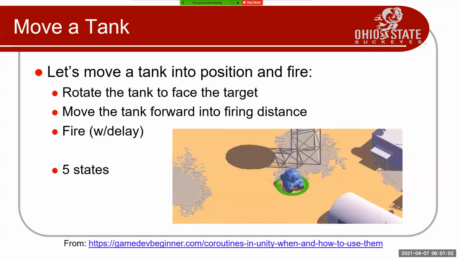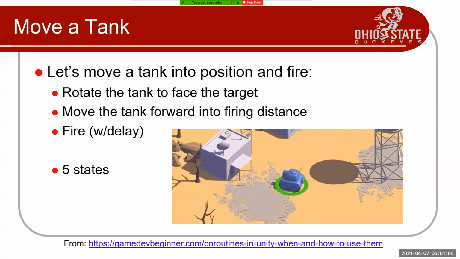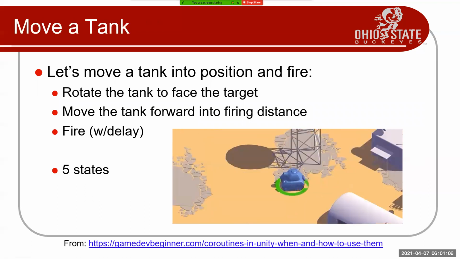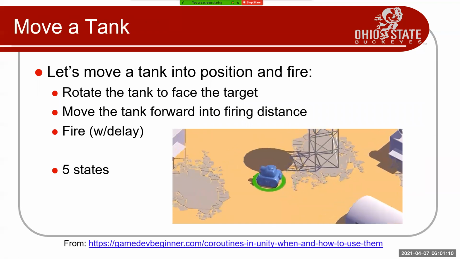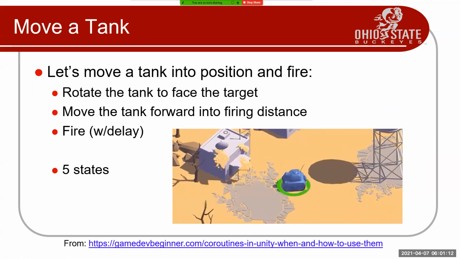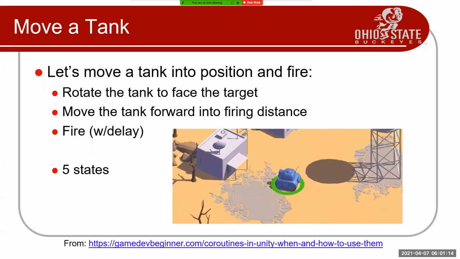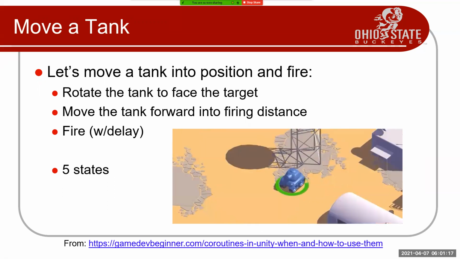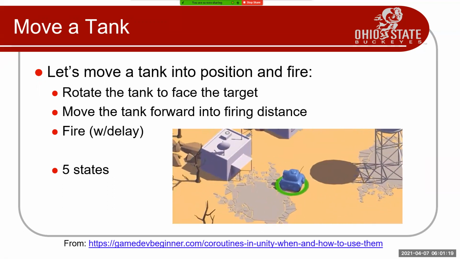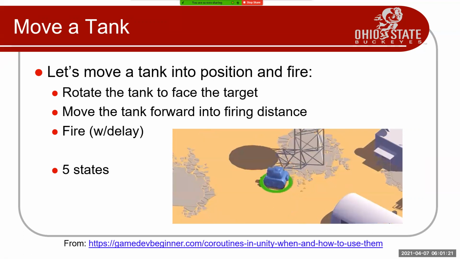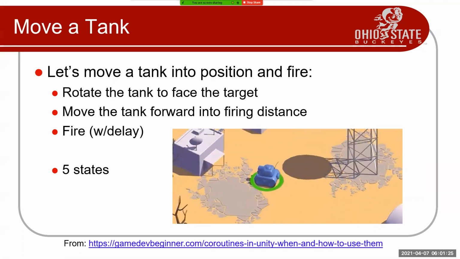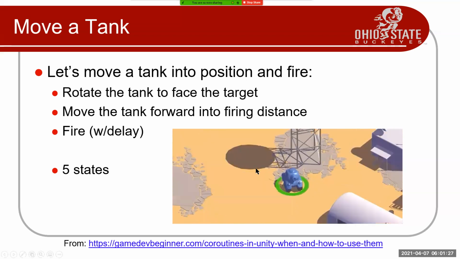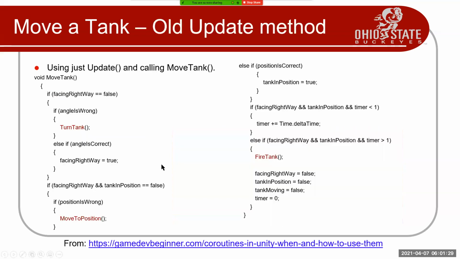We're going to move the tank forward until it's close enough that it can actually fire upon our target. In our case, I think we'll then wait, they have to load the bullet or whatever. And then we will fire a bullet, I guess, right? Whatever tanks fire. So I'm going to say there's 5 states here, even though there's only 3 bullets.